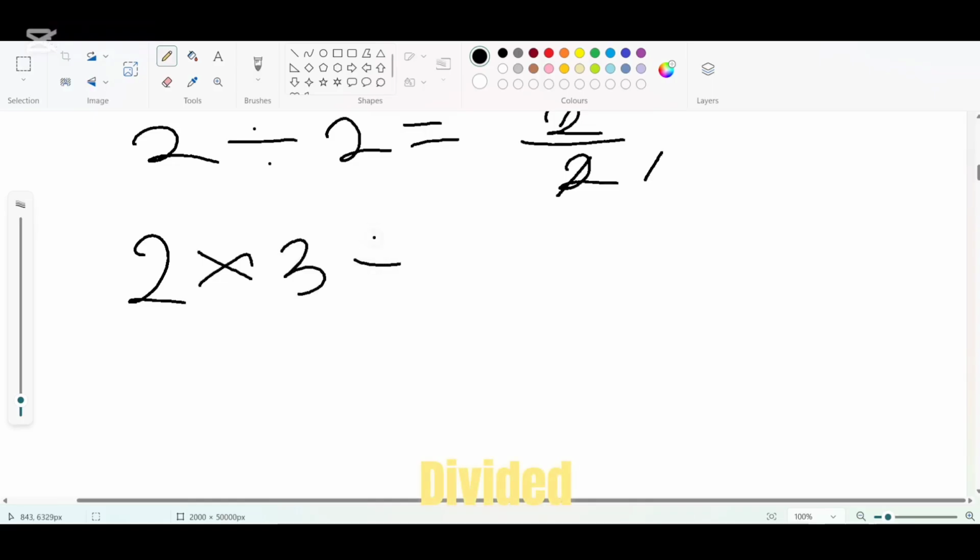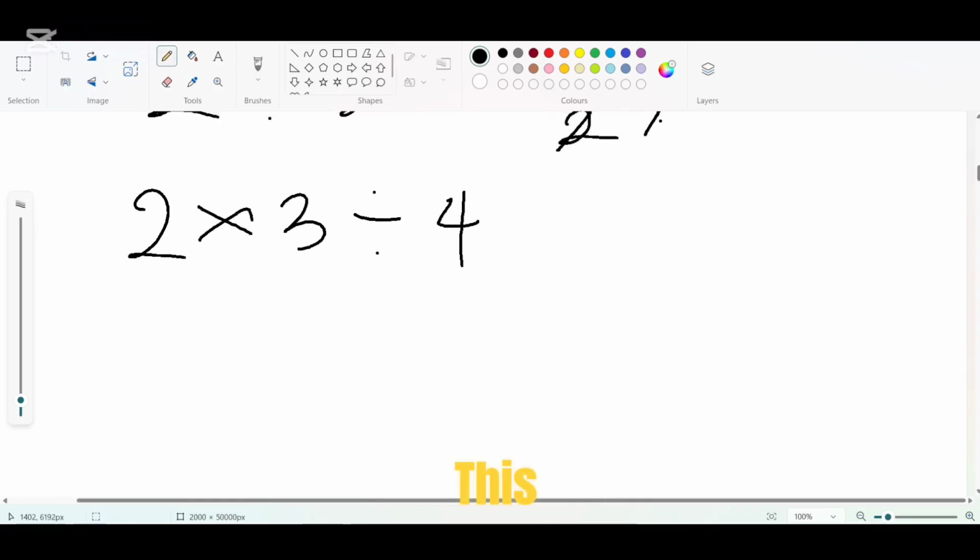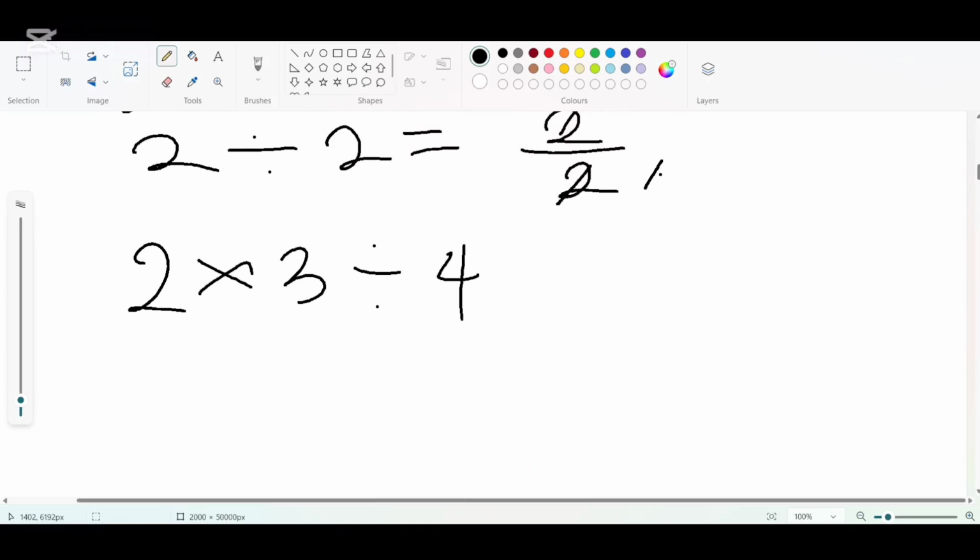3 divided by 4. If you have something like this, this is a multiplication, so this is division, this is multiplication. Now this division can be converted to multiplication by inverting the number on its right hand side.